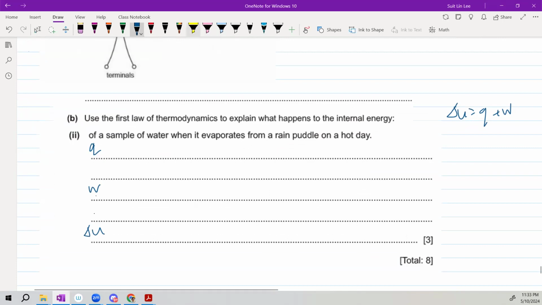Number one, it's evaporating, so there is a state change. Correct? Evaporate, liquid to gas. If there is a state change, the potential energy will increase because the bonds are stretched and particles are further apart.